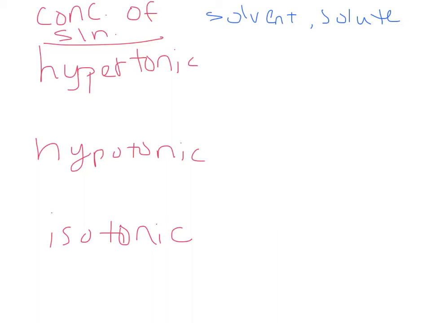In a hypertonic, hypotonic, or isotonic solution, you have to compare two things: the solution on one side of the membrane to the solution on the other side. When something is hypertonic, that means it has more solute than whatever you're talking about. Usually in biology we're talking about a cell.